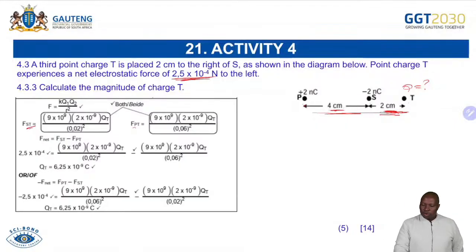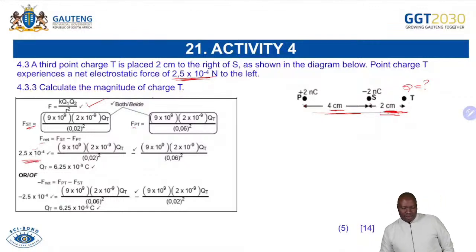So you are able now to do your substitution. You substitute nicely there, and don't forget the force that was experienced, the F net, was that one, which is 2.5 times 10 to the power of minus 4. And then at the end of the day, you want to find your QT.